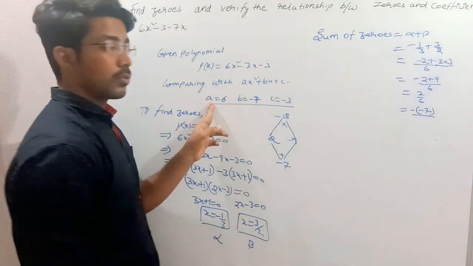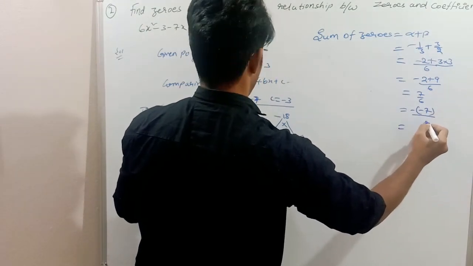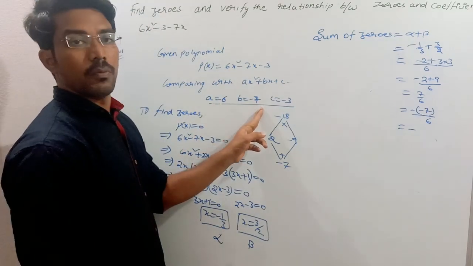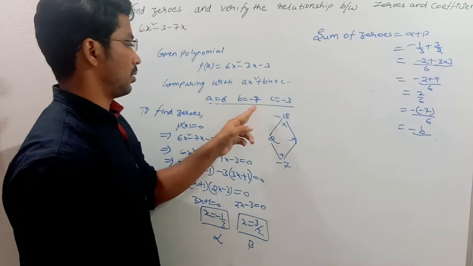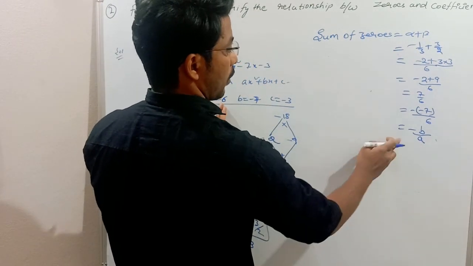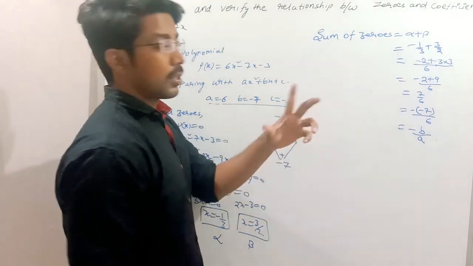What is the 6 value? A. So the a value is 6 as it is. Now minus 7 we put as minus b, and in place of 6 we keep a. So the relationship for alpha plus beta is minus b by a. So the sum of zeros is verified.